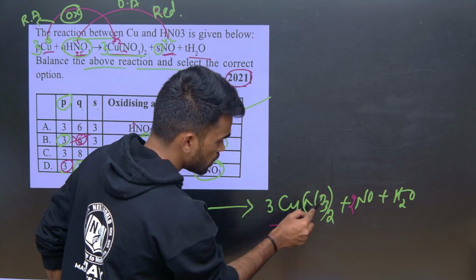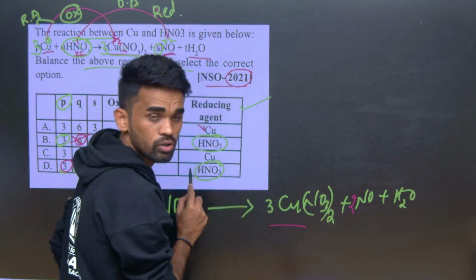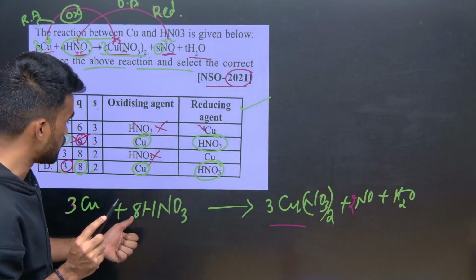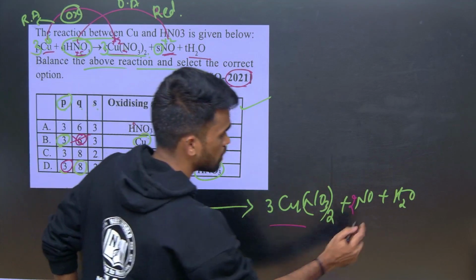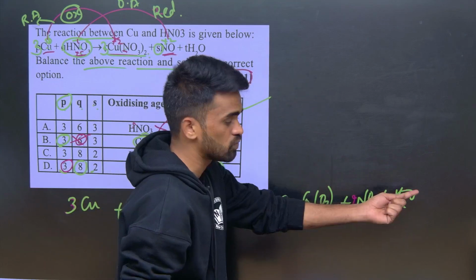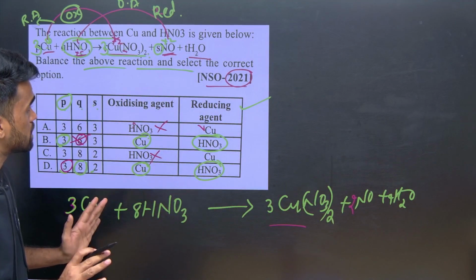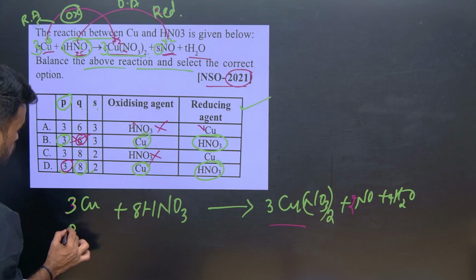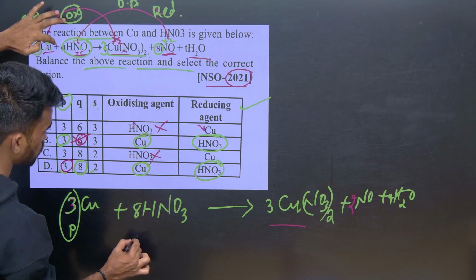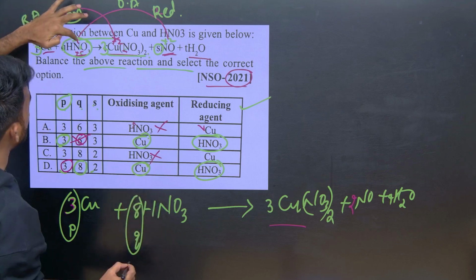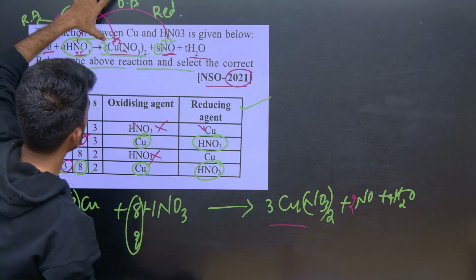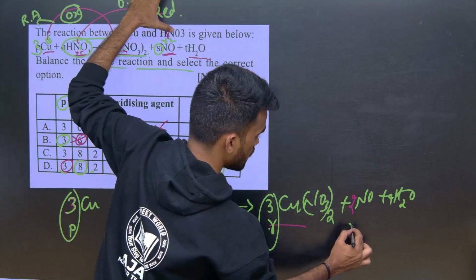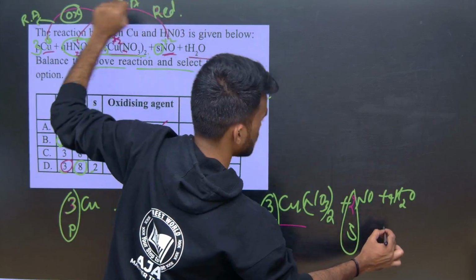Here we have 3 times 6, 18, 19, 20, and we need to balance the hydrogens here. 8 hydrogens means here I can take 4. So 20 oxygens plus 4, 24. Yes, everything is balanced, right? So we got all the coefficients. P is 3, Q is 8, R is 3, S is 2, and T is 4.